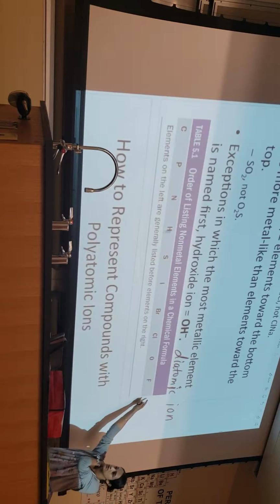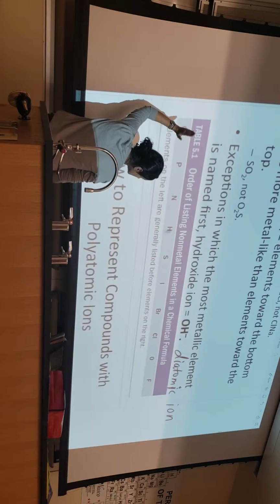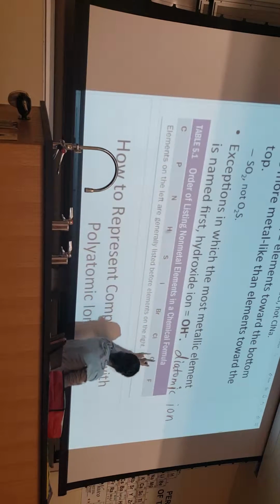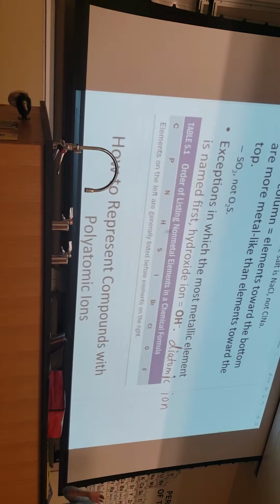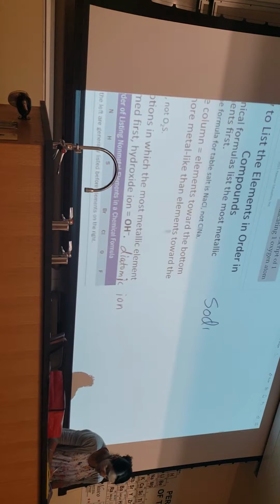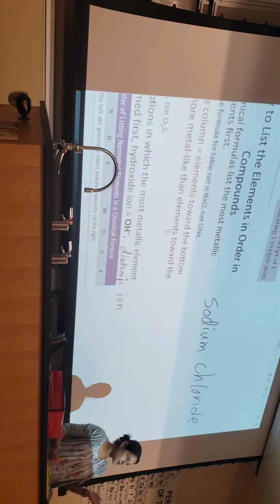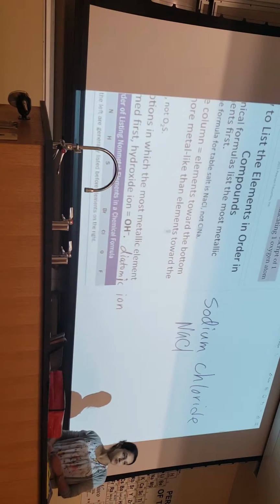Oh, this was a listing for the non-metal. So you'll notice again, carbon first, carbon dioxide. Carbon comes first, and then the actual oxygen. Now this, you don't need to memorize. When the name is provided to you, you just write it in the order it's provided. If I spell out sodium chloride, the first element you write will be sodium, then the chlorine part, which is the chloride.